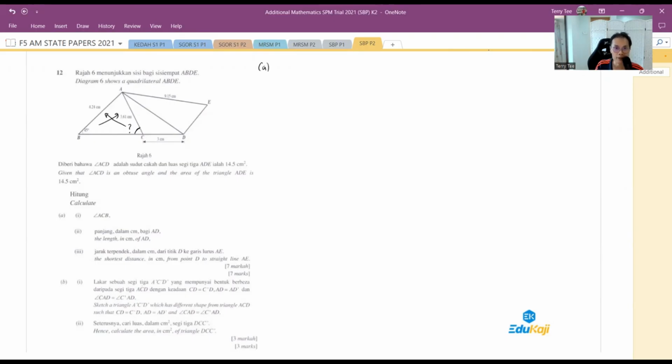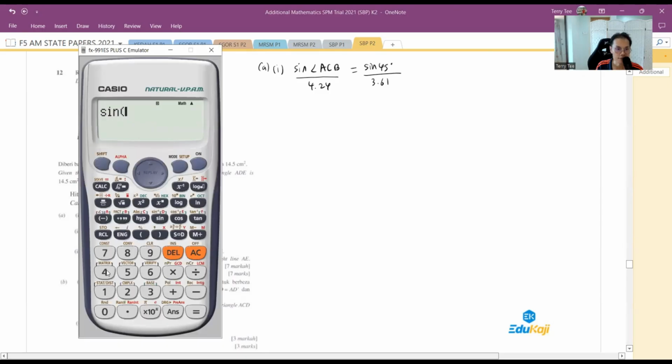So we're going to start off by writing sine of angle ACB divided by 4.24 equals sine 45 divided by 3.61. Calculator: sine 45 divided by 3.61 multiplied by 4.24.